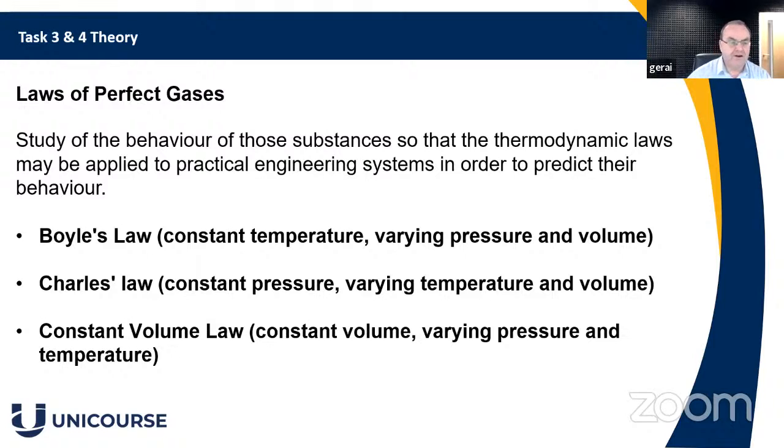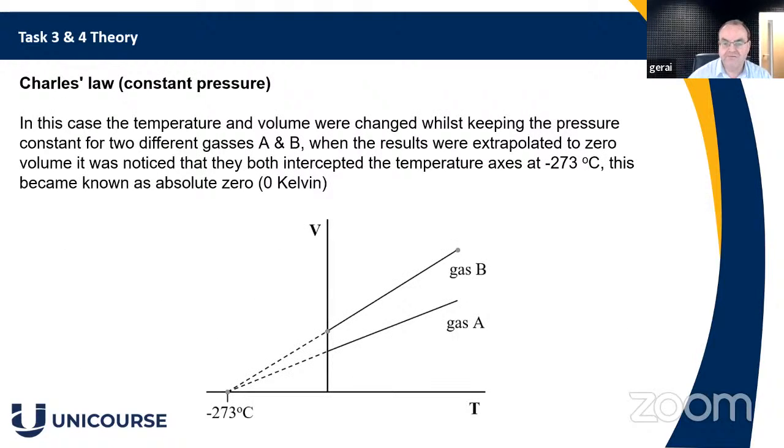So just to give you an idea of the outcome of Charles's Law in particular, I don't know if anybody's ever seen this graph before. So we're looking at Charles's Law. In Charles's Law, the temperature and the volume would change while keeping the pressure constant for two different gases, gas A and gas B.